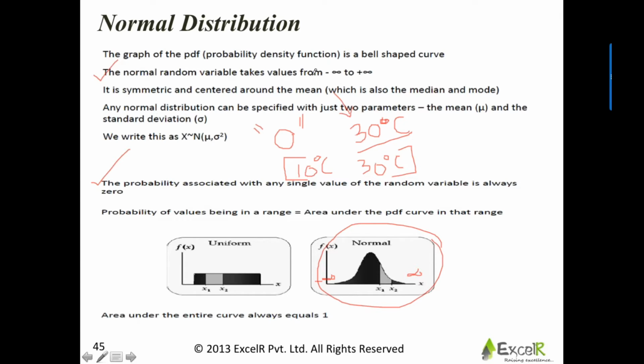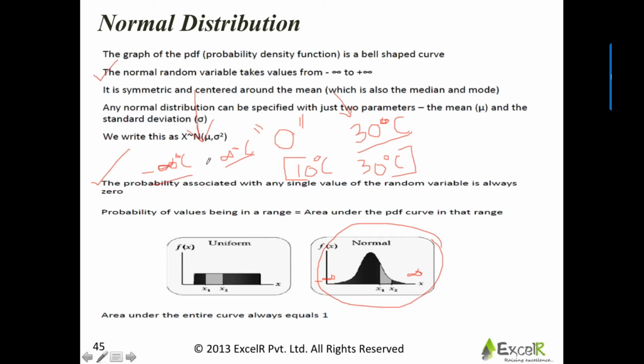Okay. And if I'm going to say that the temperature can be anywhere between minus infinity to plus infinity degrees Celsius, what does that mean? What is the probability that the temperature will fall within this range? 100%, right? If the weather department says tomorrow's temperature can be anywhere between minus infinity degrees Celsius to plus infinity degrees Celsius, that means that whatever the temperature, it will fall within this range.